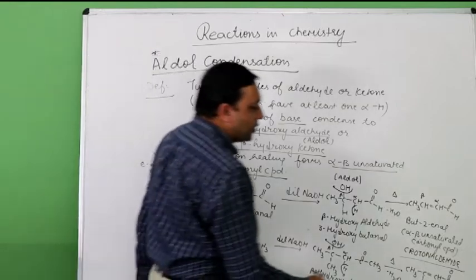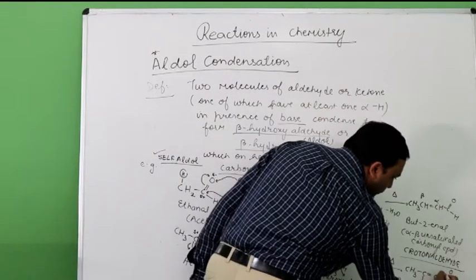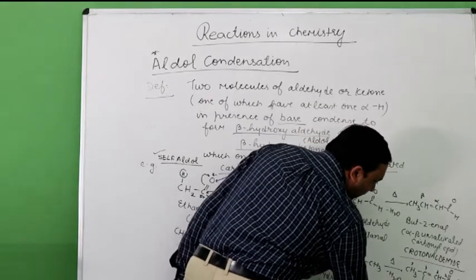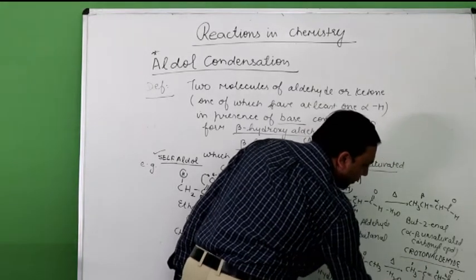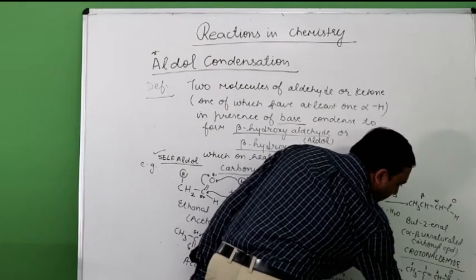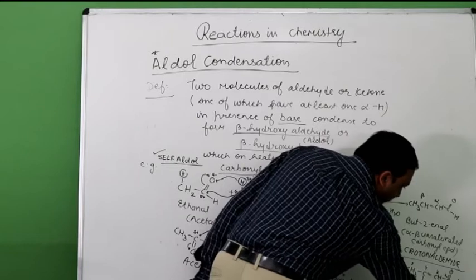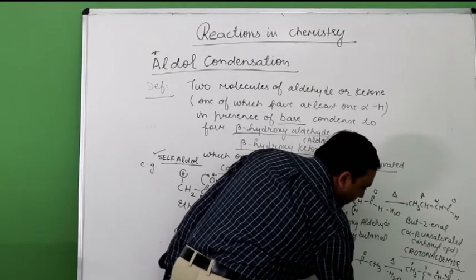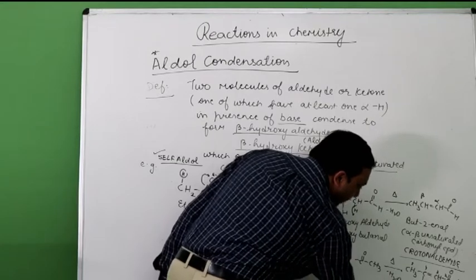Acetone to, now this compound with its IUPAC name, 1, 2, 3, 4, 5, 4-methylpent-3-en-2-one.